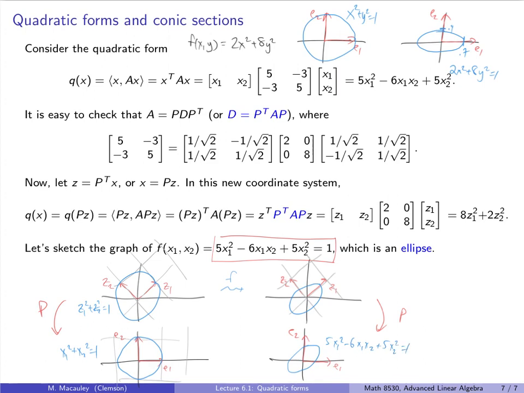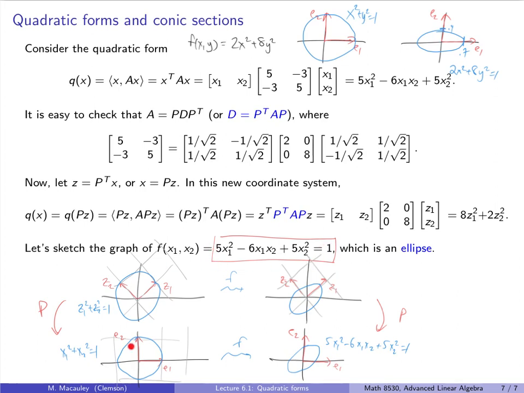In other words, I really shouldn't be labeling this with F, because this conic section, this ellipse, the best way to construct it is to change to your eigenvector basis, and now you have this ellipse. It's easy to see how that compresses along the major and the minor axis, and then go back to your regular coordinate system, and that was this ellipse to begin with.